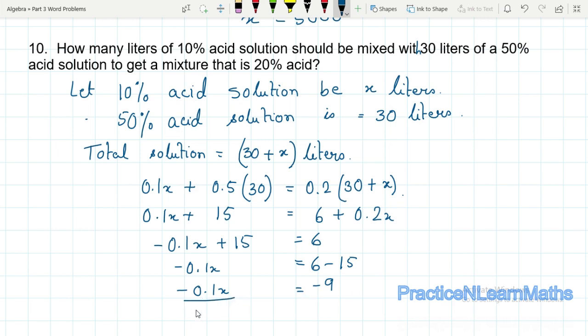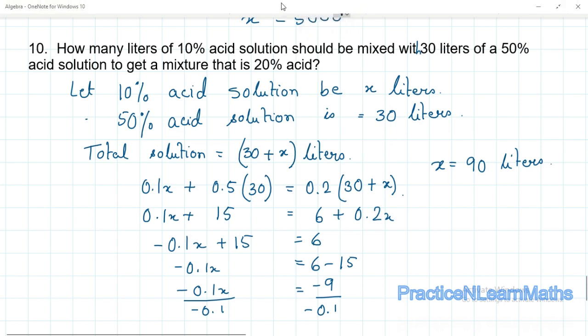Dividing both sides by negative 0.1, we get x is equal to 90 liters. And that is the answer.